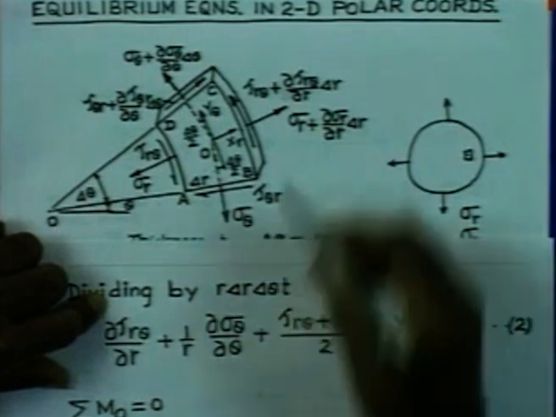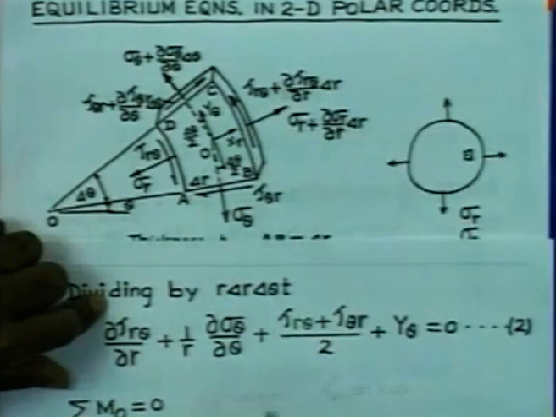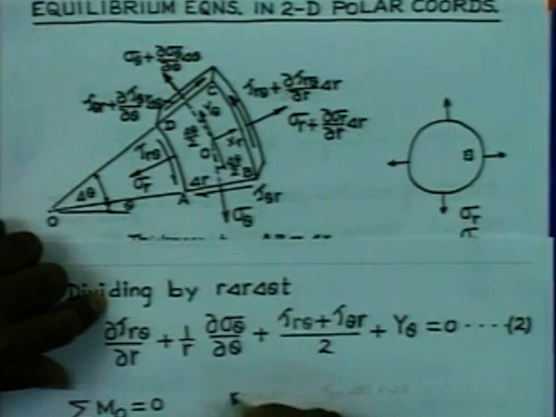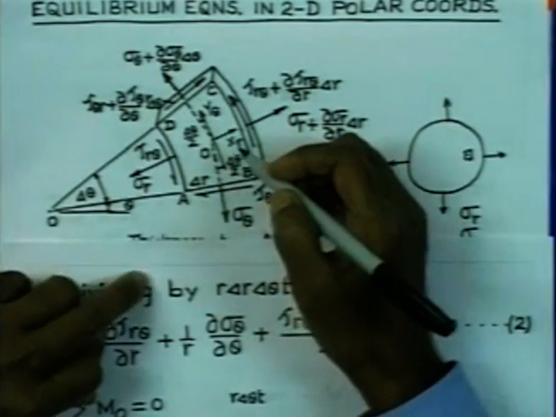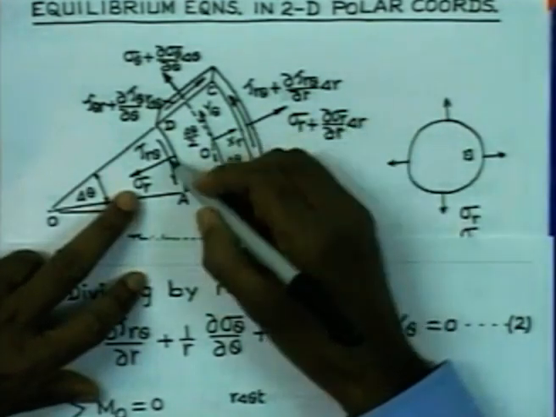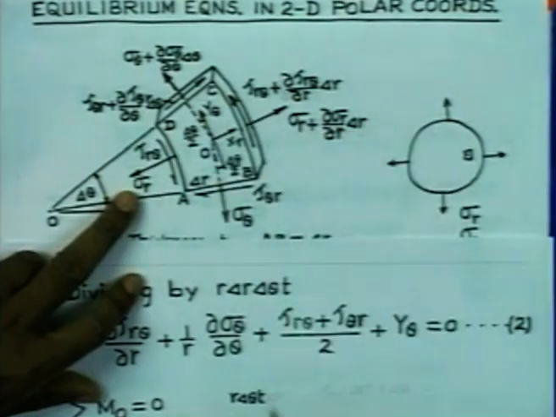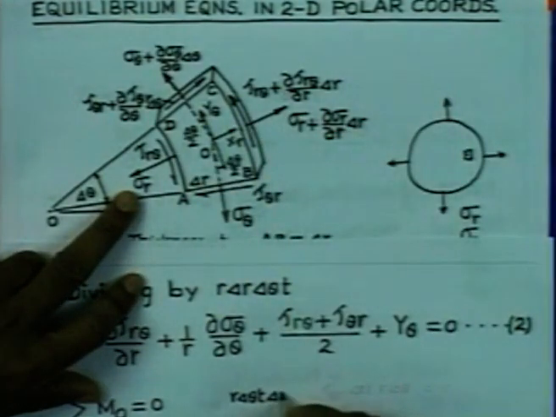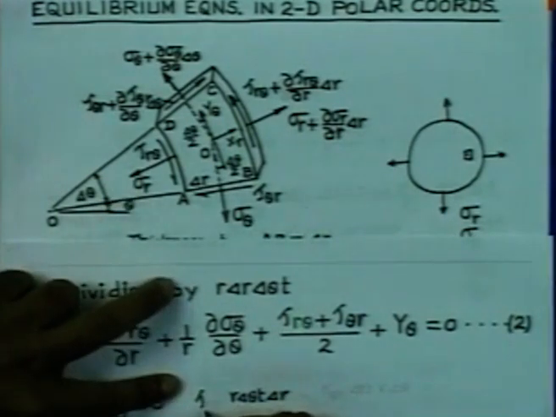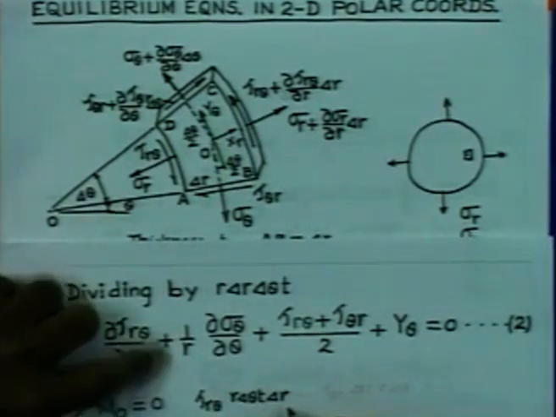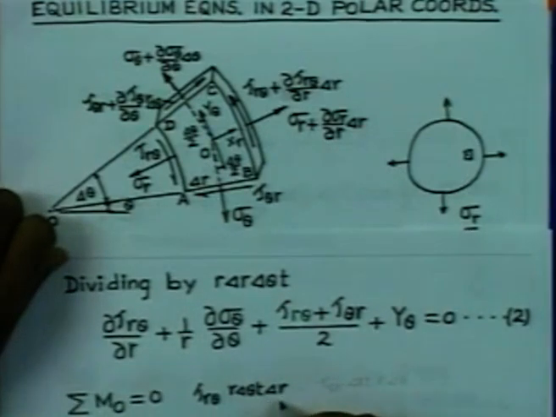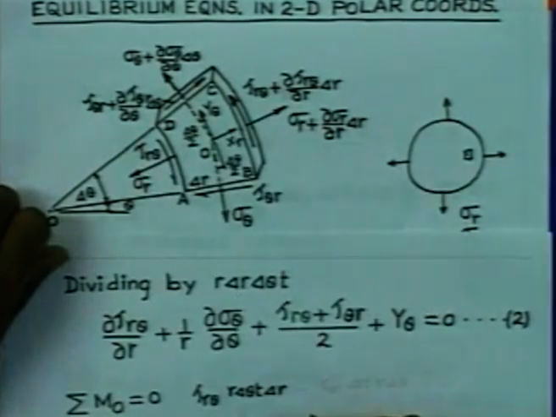The force is acting on an area of r delta theta into t, and the distance between the two faces is equal to delta r. Therefore, the moment due to the tau r theta component is tau r theta acting on this area r delta theta into t multiplied by delta r, acting in the anticlockwise direction.